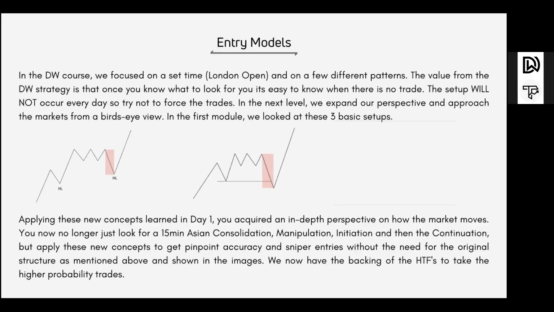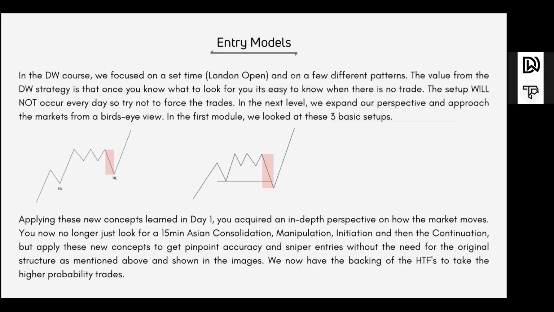We no longer just look for a 50-minute Asian consolidation, manipulation, initiation, and then a continuation, but we apply these new concepts to get pinpoint accuracy and sniper entries without the need for the original structure as mentioned above and shown in the images. We now have the backing of the higher time frame to take the highest probable trade.